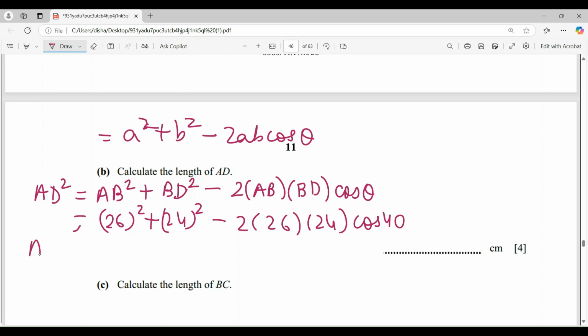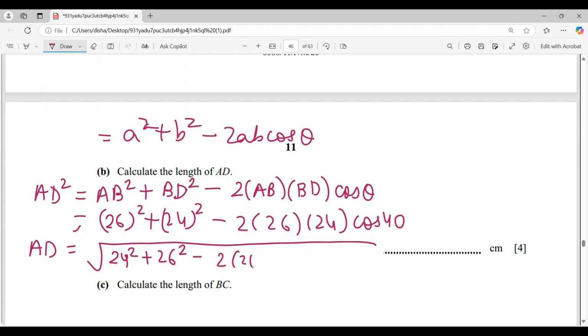So AD will be equals to the root of this 24 square plus 26 square minus 2 into 24 into 26 into cos 40. So by using your calculator, you can find it out. It is 17.2. I'm taking it to three significant places.